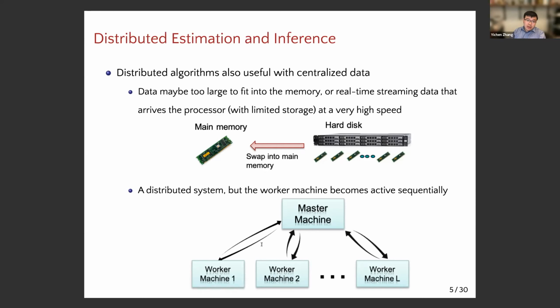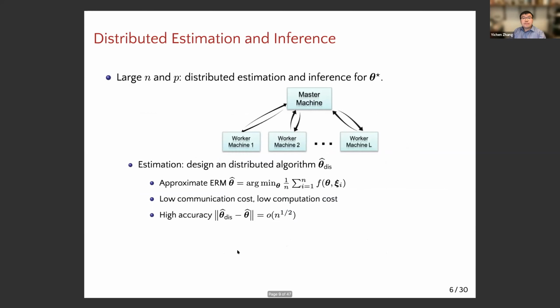In this case, we can also consider that as a distributed system, but the worker machines become active sequentially. So the first time we swap the first piece of data into the main memory, it's kind of like activating worker machine 1, and then we go ahead to the second piece of the data, which we would say is the second worker machine.